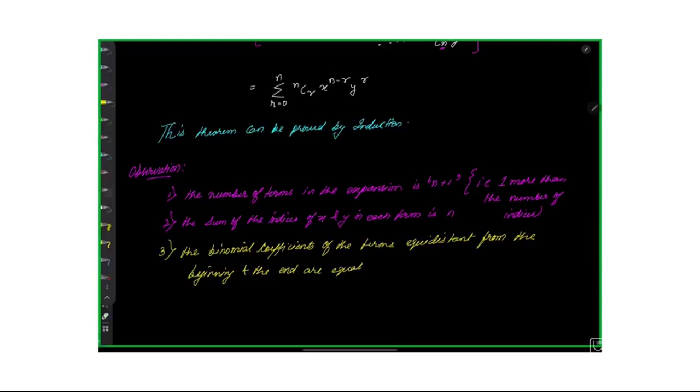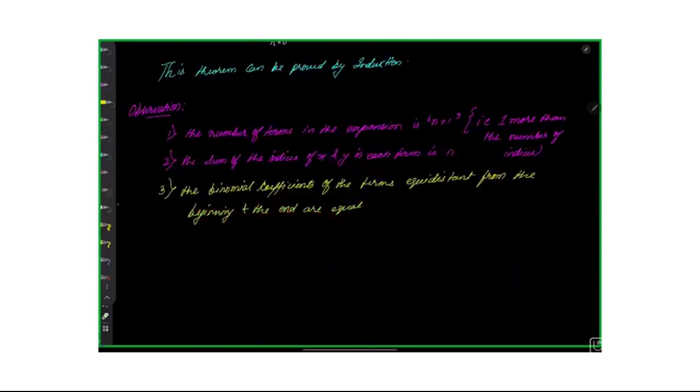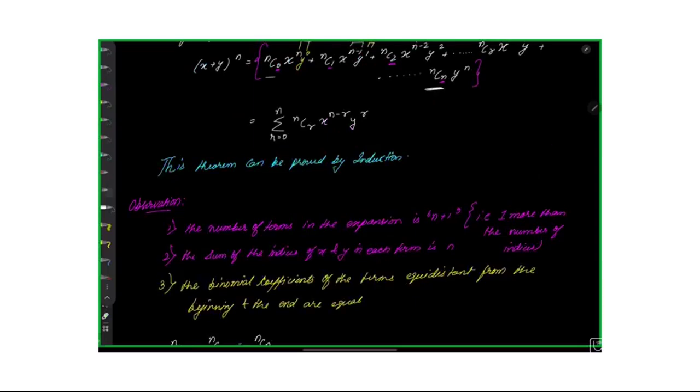So hence we can write, because all of you know the formula, nC0 equals nCn minus 0, which is nCn, right? Which is the last term and the first term. They're equal, right?